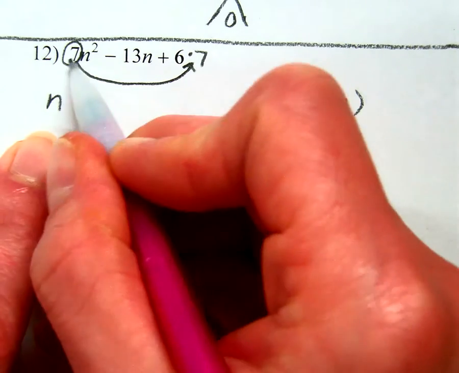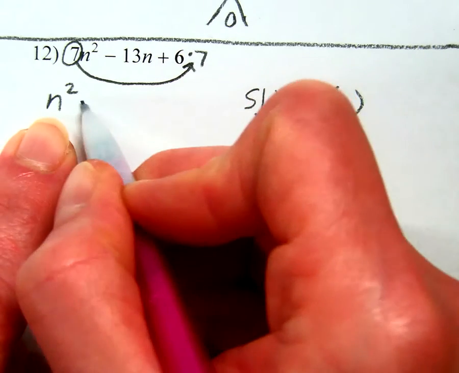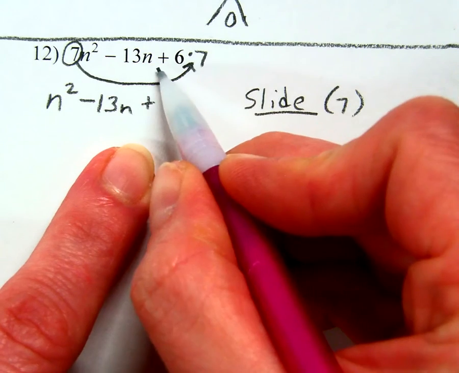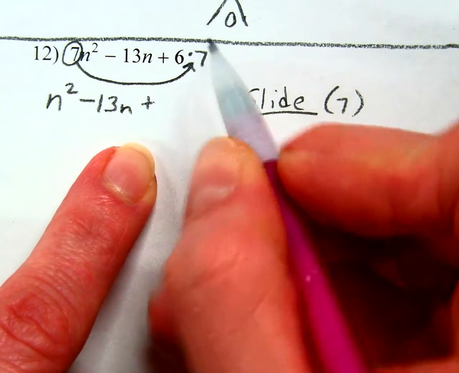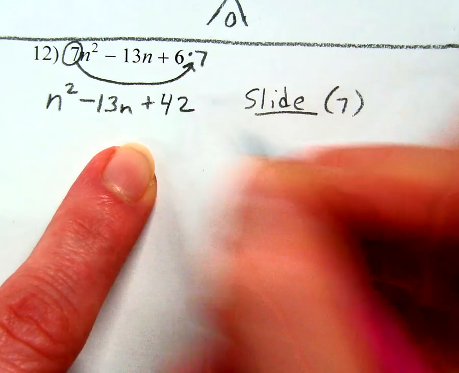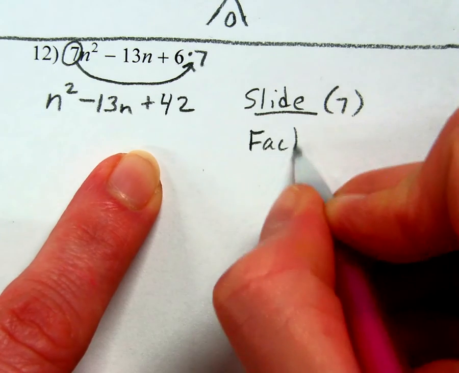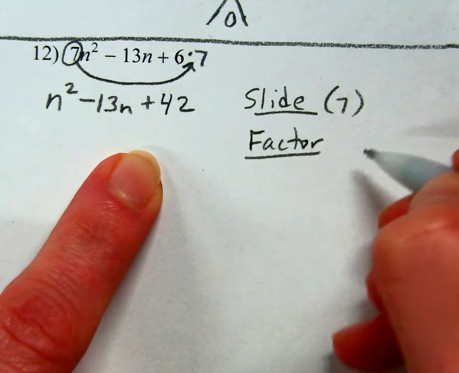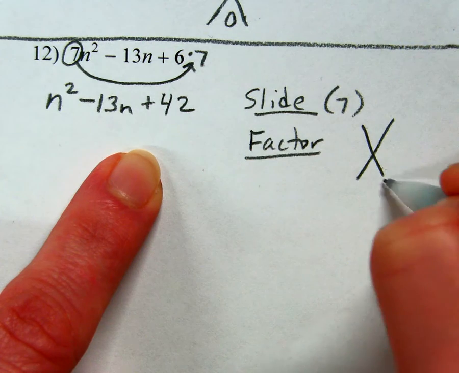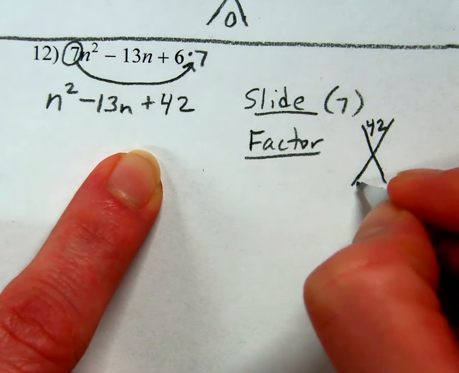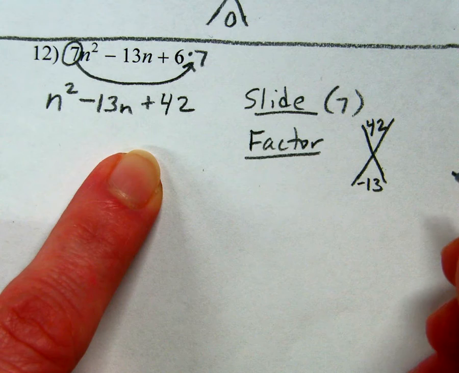So we'll rewrite this. We're taking the 7 off the beginning, so that's just n squared. I still have minus 13n. And then this will be plus 6 times 7, which is 42. So that's our first step. Then we're going to factor. So this is using our little x method that we had before. It'll multiply to make 42 and add to make negative 13.